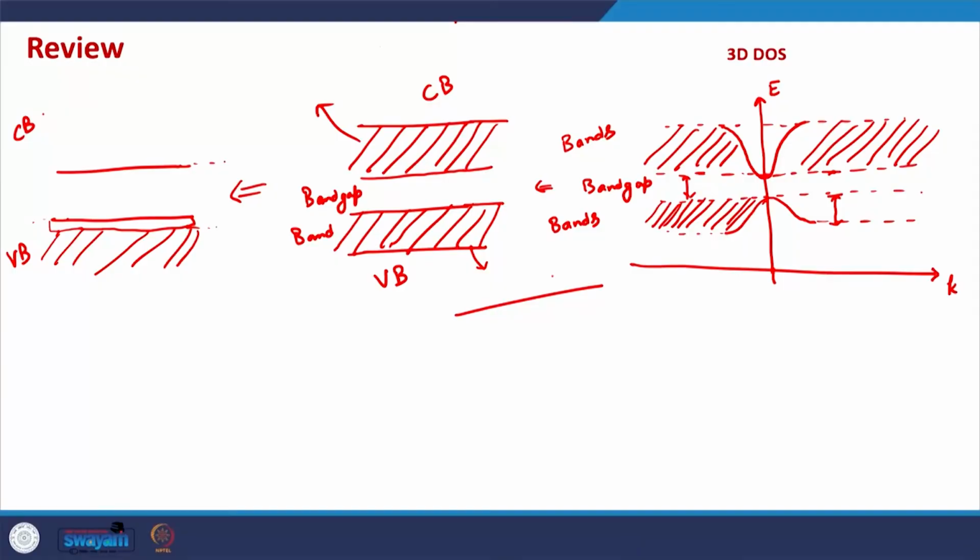That is why we generally plot just the top of the valence band and the bottom of the conduction band, because in the conduction band most of the electronic states are empty, and only some states near the bottom of the conduction band are filled.